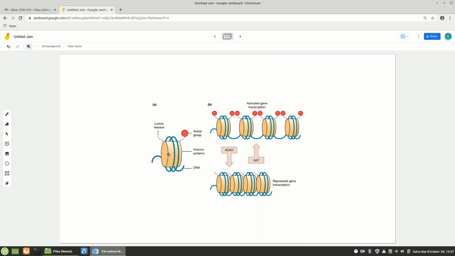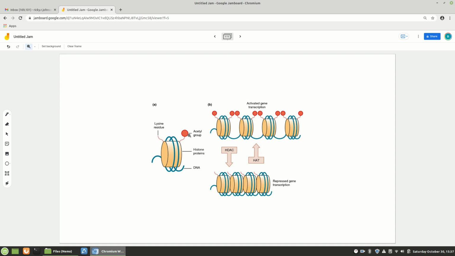So here we're looking up, and you can see here's a tail, and we're showing that there is a lysine amino acid in that tail. So you have all these dots that are amino acids, and here you have one that's a lysine, and you will use an enzyme that would go and add an acetyl group to it.